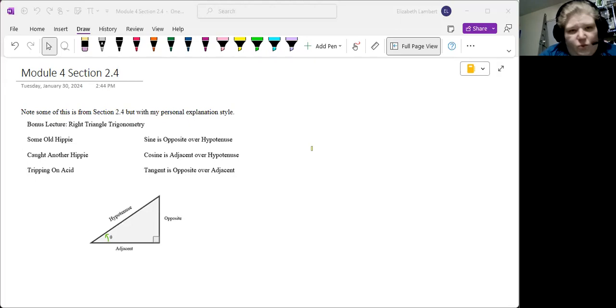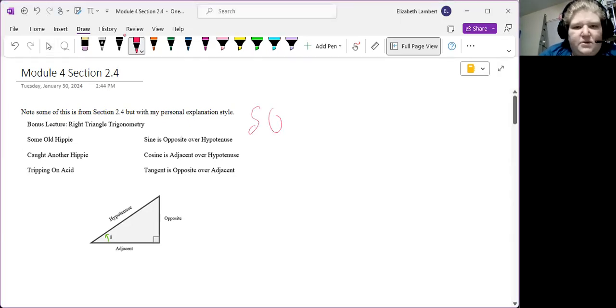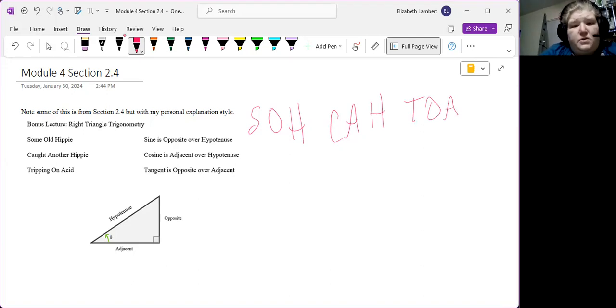So one of the ways people learn it is SOH CAH TOA, which works, but the way I actually learned it from my dad was: some old horse caught another horse taking oats away.